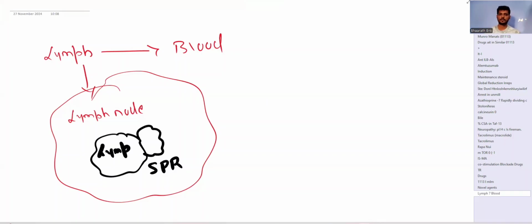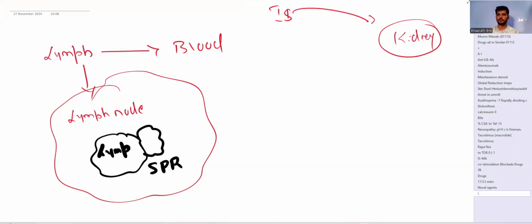So when, for example, a new kidney is transplanted into a patient, the immune system gets activated and mounts an immune response to this kidney. Whatever lymphocytes are present in the blood are called to the site where the kidney is transplanted, and they start producing the immune response against this kidney.